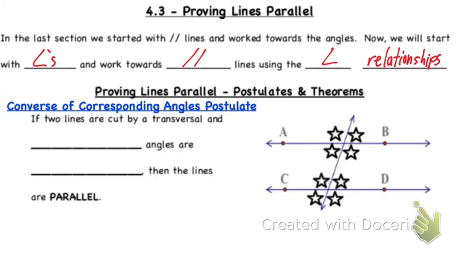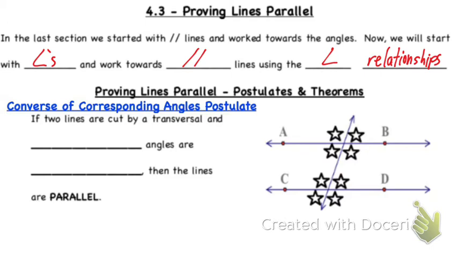Now, the original corresponding angles postulate said, hey, if we have two parallel lines cut by a transversal, then corresponding angles are congruent. So the converse is going to take that, and we're going to switch it around.